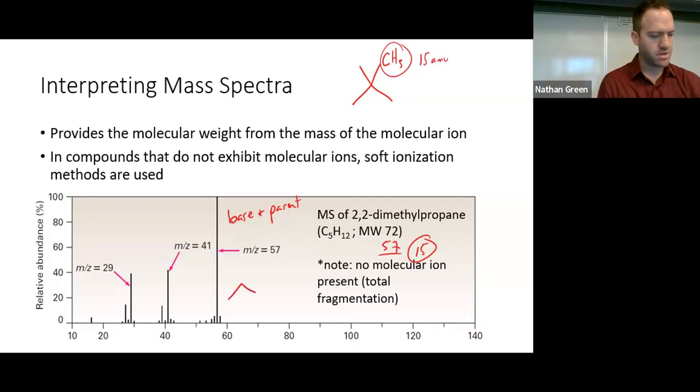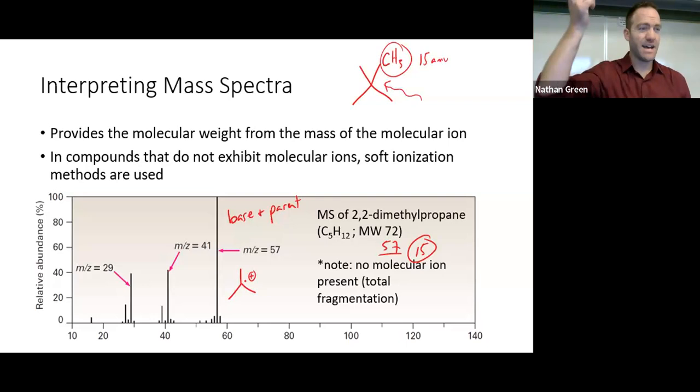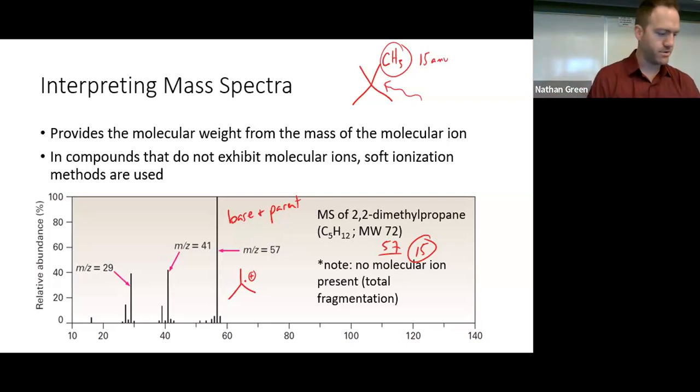So what is this peak? It is my 2,2-dimethylpropane that lost a methyl group. I took 2,2-dimethylpropane, I hit it with energy, and I blew off a methyl group. Well, if I did that, I better see 15 somewhere in here. It's kind of small over there, but there are methyl groups in here as well. So what we're seeing is this molecule, having blown off a CH3, had 5 carbons, now it's got only 4 carbons.